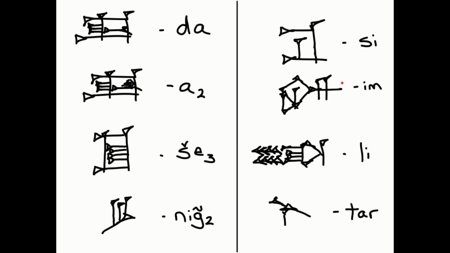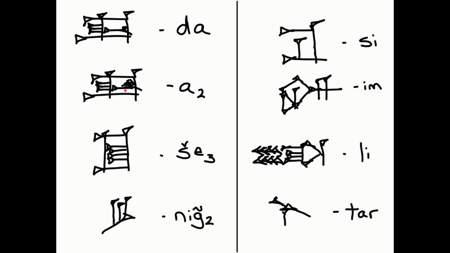Now, finally, we're going to take a look at our new signs. I've had several questions about this. I don't use ePSD's forms. I don't just cut and paste them because I'm not sure about the legality of that. So what I'm doing is drawing them myself. So I apologize for that. This is da, and this is a2. Now, da means side, and a2 means arm.